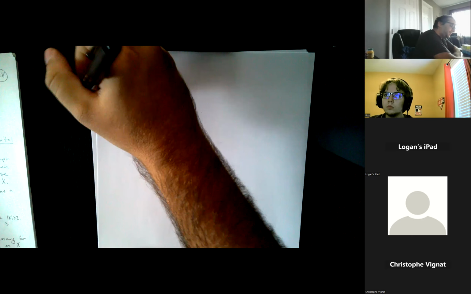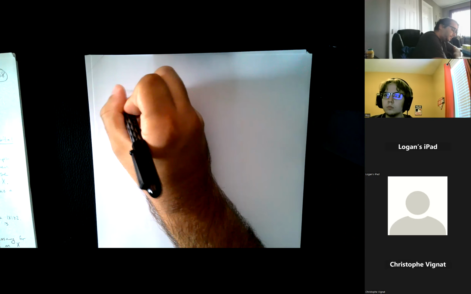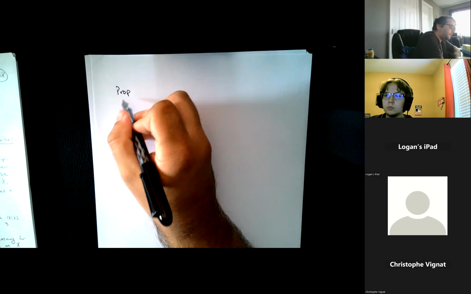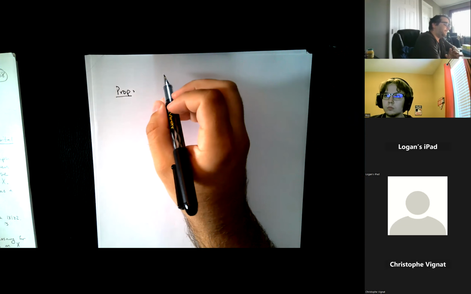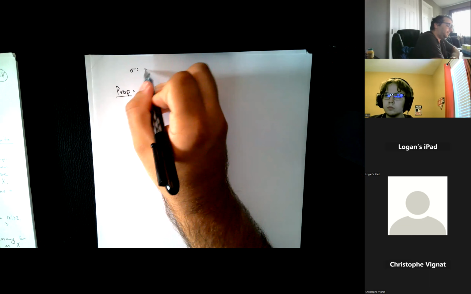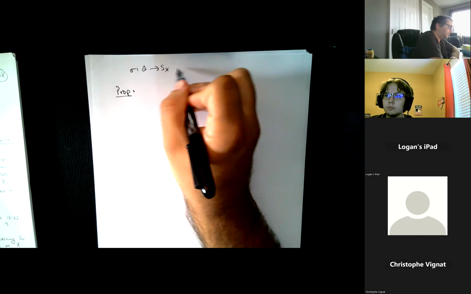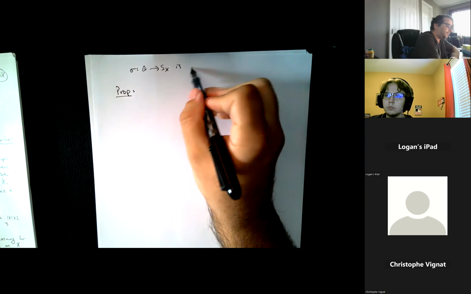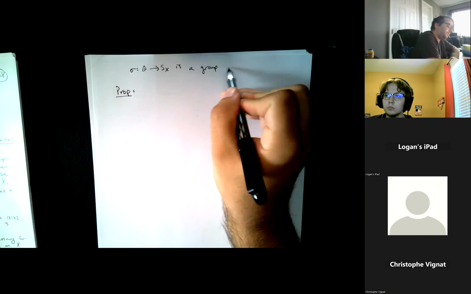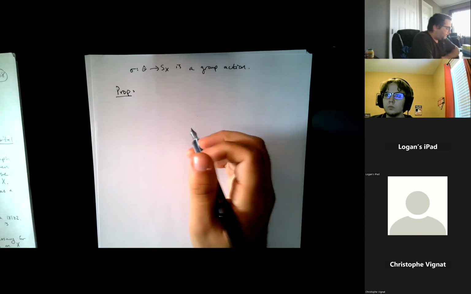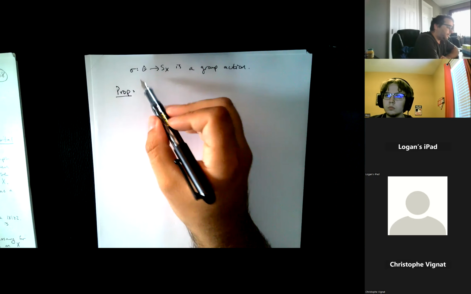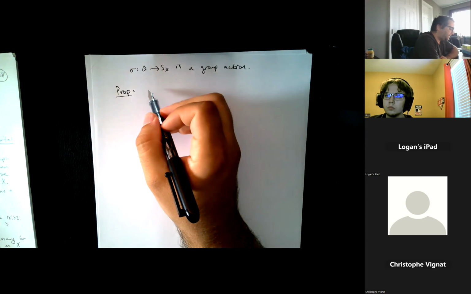Okay, so let's finally start proving some stuff. I'm going to assume from now on that sigma from G to Sx is a group action. And I will tell you if it's transitive or not. For now, we're only assuming it's a group action.